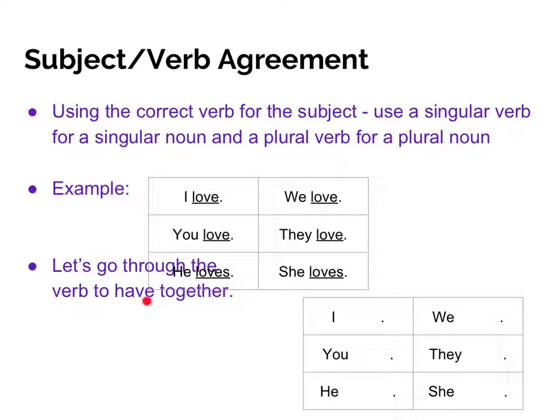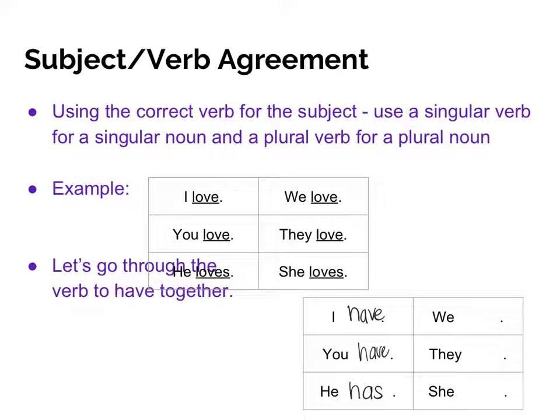So let's go through the verb to have together. I have. Now on 3, you're going to say what it would be for you. You, 1, 2, 3. We'll do the same for he. Tell me what it would be on 3. 1, 2, 3.